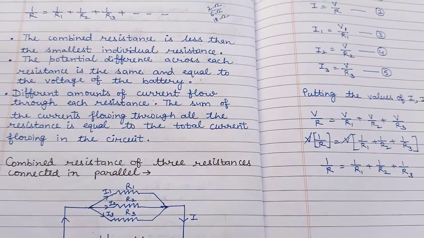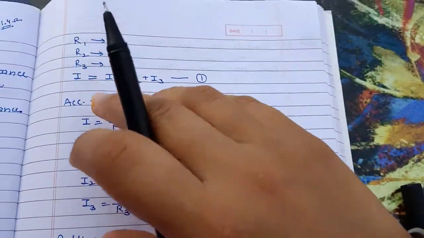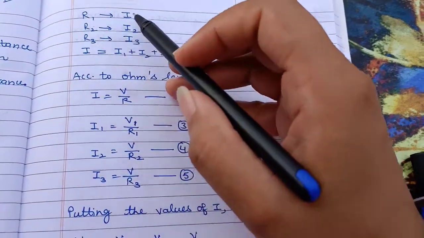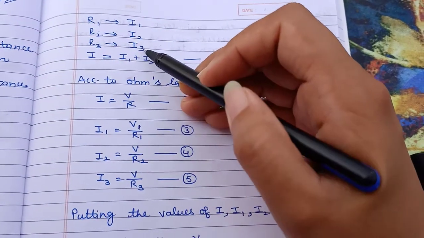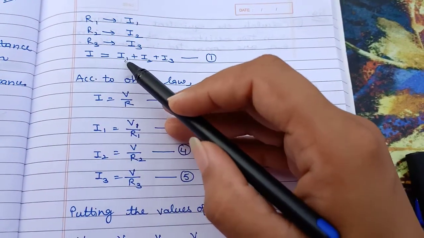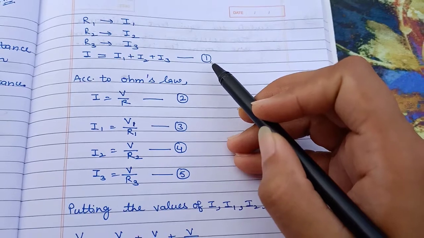Now how can we derive this formula? We have three resistors R1, R2 and R3, and the currents I1, I2, I3 are flowing through them, and the total current I is equal to I1 plus I2 plus I3. This is equation number 1.